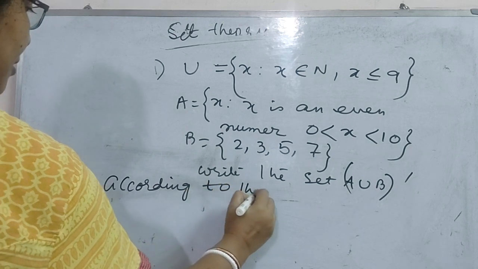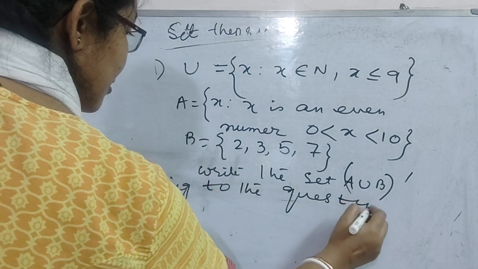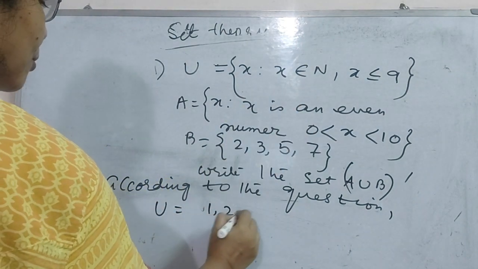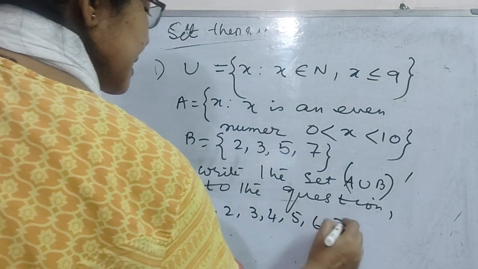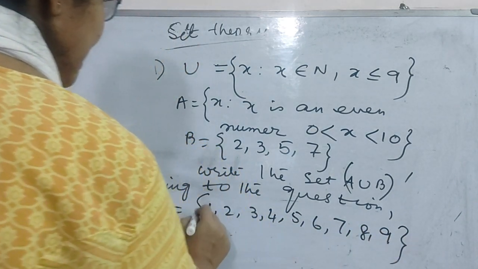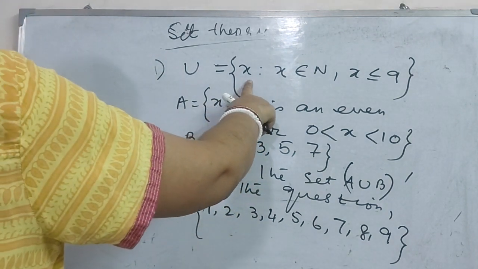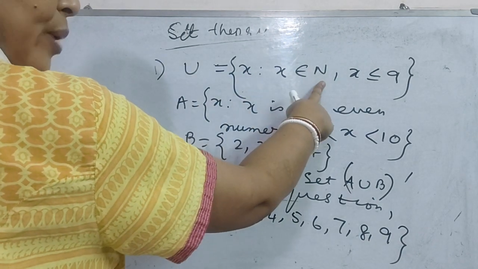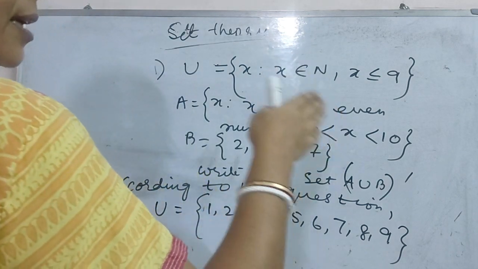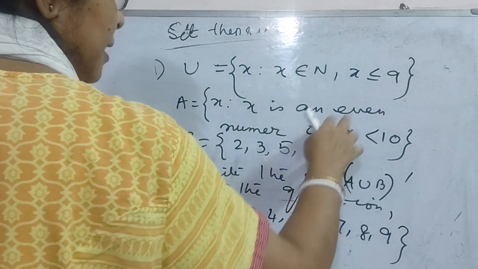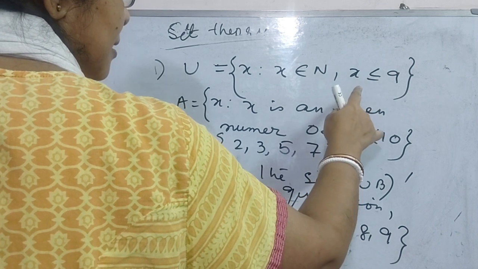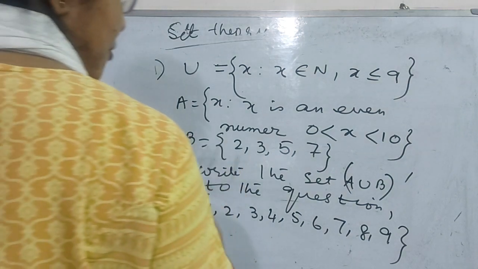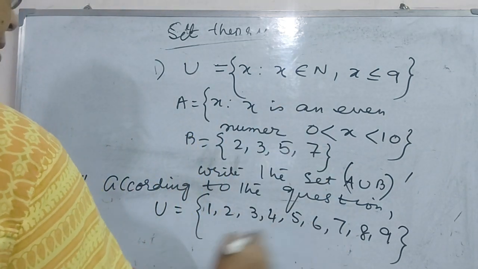According to the question, U equals {1, 2, 3, 4, 5, 6, 7, 8, 9}, because the elements of U are x such that x belongs to N, that is all natural numbers, and natural numbers start from 1 up to n, that is 1, 2, 3, 4, 5, 6, 7, 8, 9.